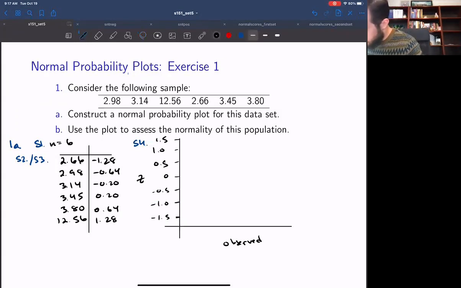Okay, and then here, we got to go from 2 to 12, 2, 4, 6, 8, 10, 12.